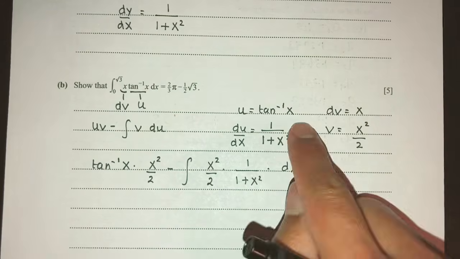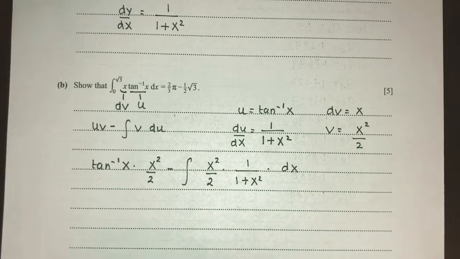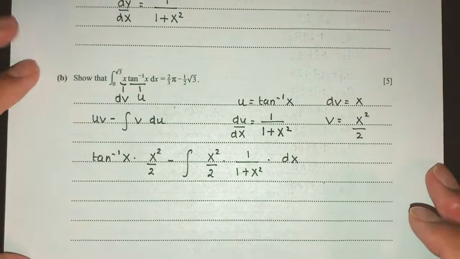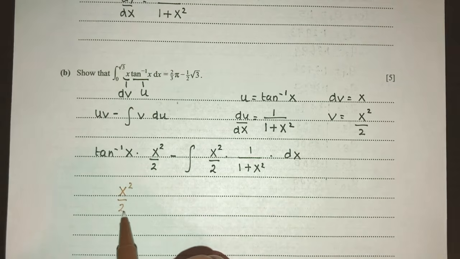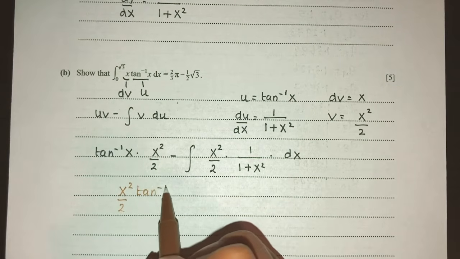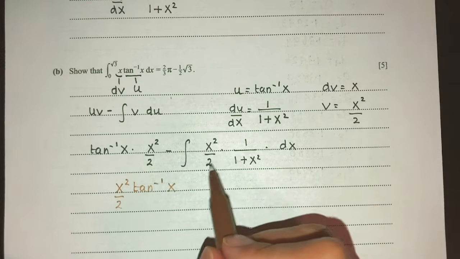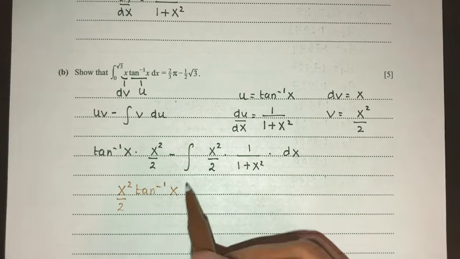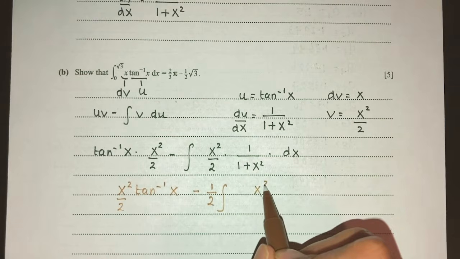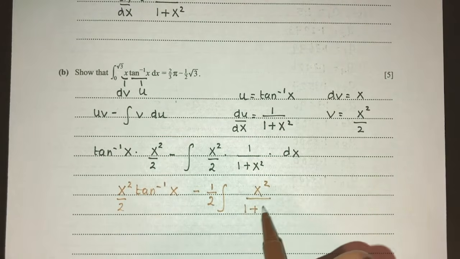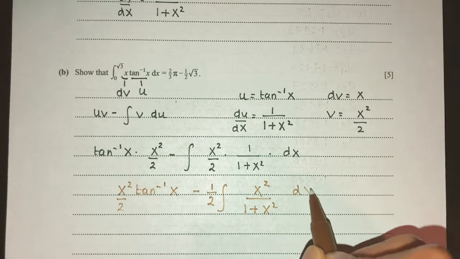Now we have to simplify. First thing here, we can just send this one in the beginning. You will have x squared over 2 tan inverse of x. Now let's take out the value of half. You will have minus half and integration of x squared over 1 plus x squared dx.